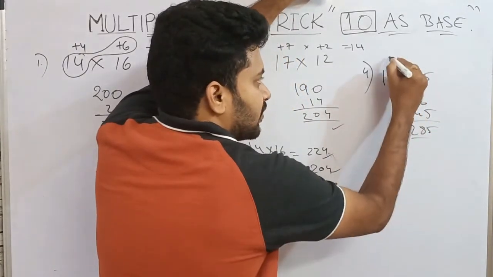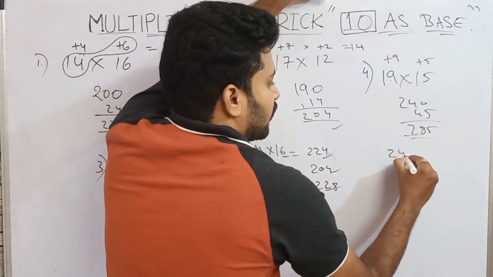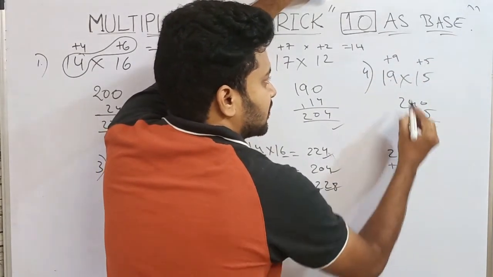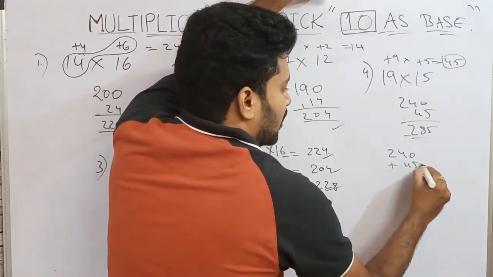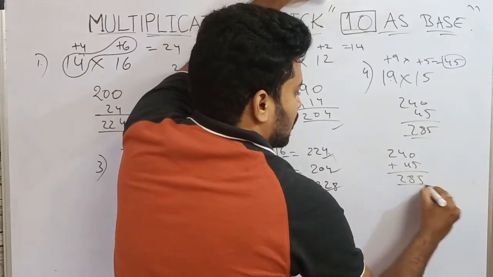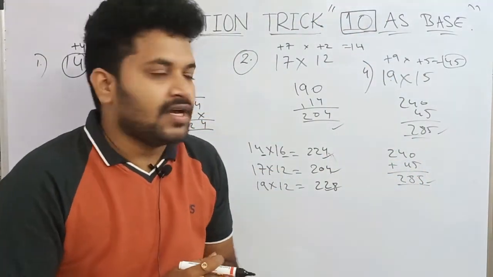If you do it slowly, plus 9 plus 5, 19 plus 5 is 24, 240, plus 9 fives is 45. Just add this 45 to this: 285. So if you do more examples, it will be easy.